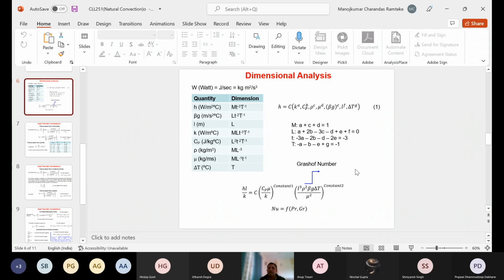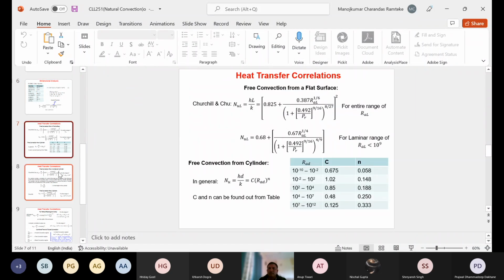That is what we said, isn't it? Nusselt number, hL by k, will be given by the Prandtl number and Grashof number. Very often we represent even a Grashof number... so different correlations also we have seen, isn't it?